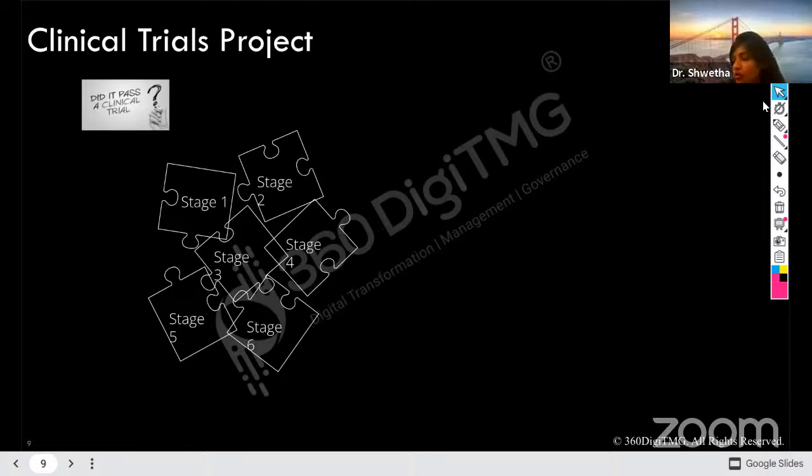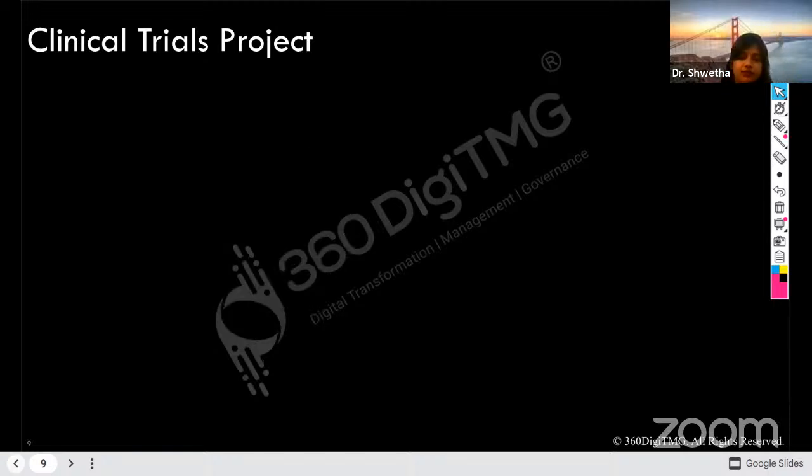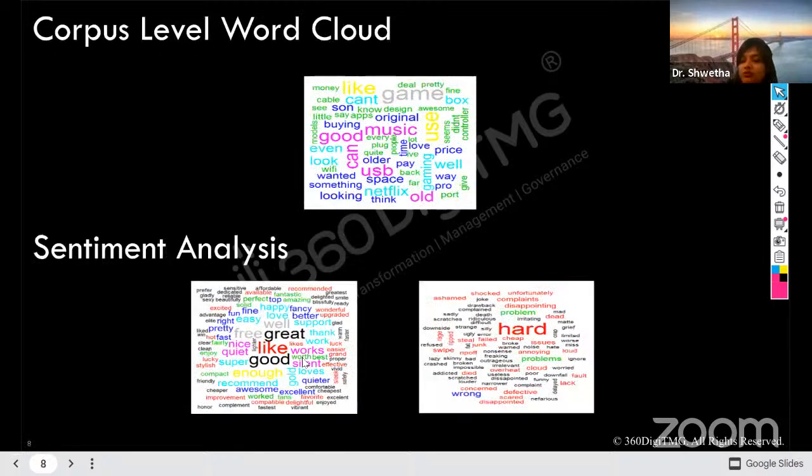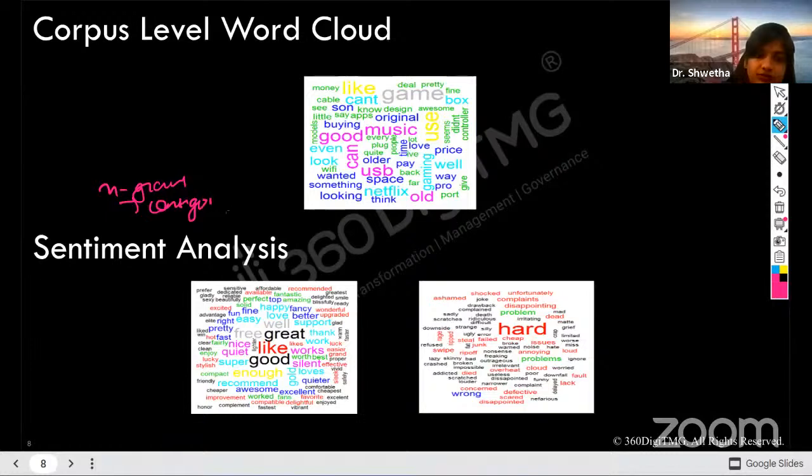Then we can even go for n-grams. So n-grams would be a contiguous sequence of terms. Now in a word cloud, we are taking only one word, right? Music. In n-grams, we are taking a contiguous sequence of words like good music.